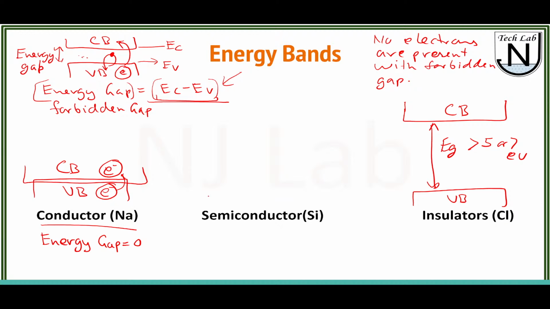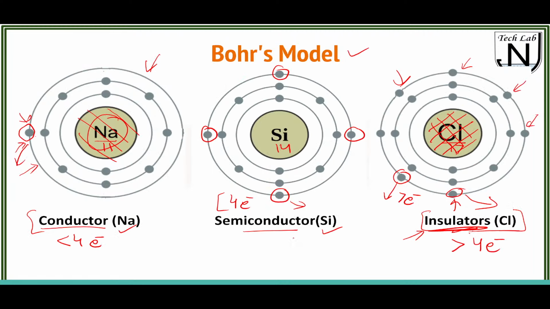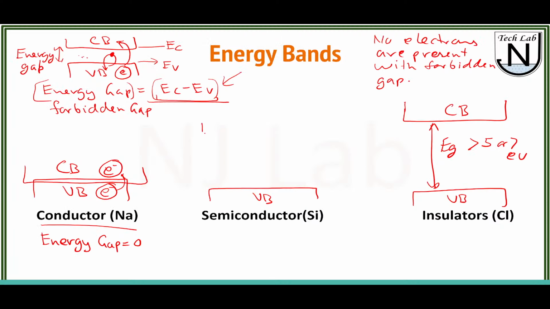Now when we come to the semiconductor, as we discussed earlier, medium energy is required to detach an electron from the nucleus. Medium energy means the energy gap between the valence band and the conduction band will be medium. In the insulator case we are hopeless, in the sense that we cannot move free electrons from the valence band to the conduction band.